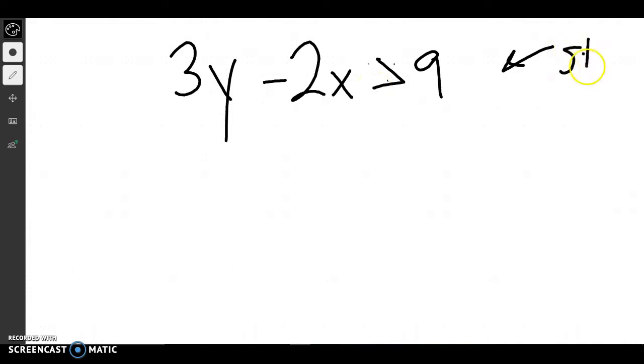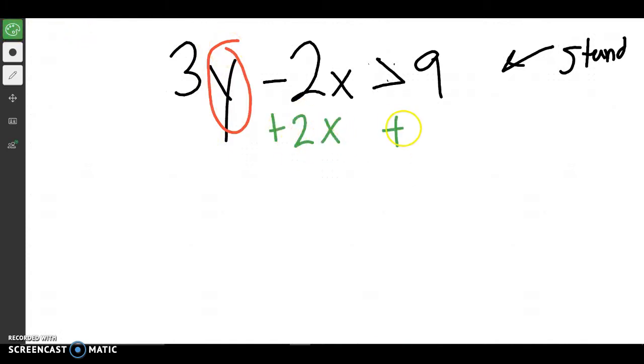Now this thing is in standard form. And we can't graph things in standard form easily. So what we're going to do is we're going to switch it into y equals, or slope-intercept form. So I need to solve for y, get y all by itself. So my first thing is I'm going to move the x over.